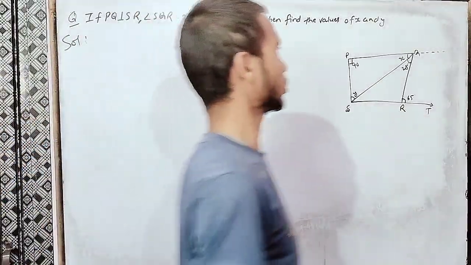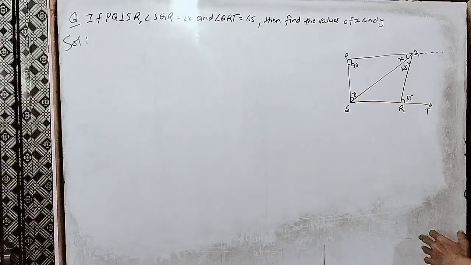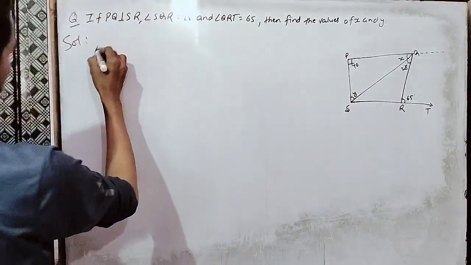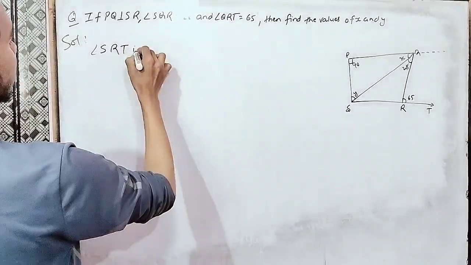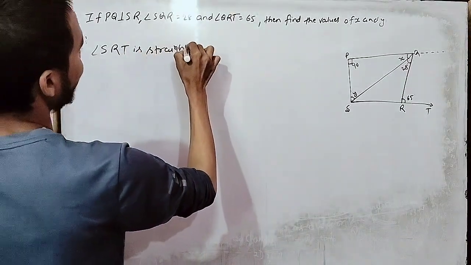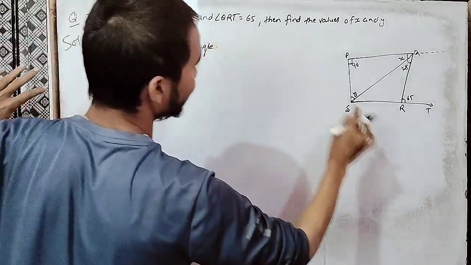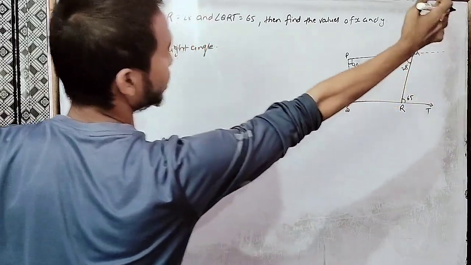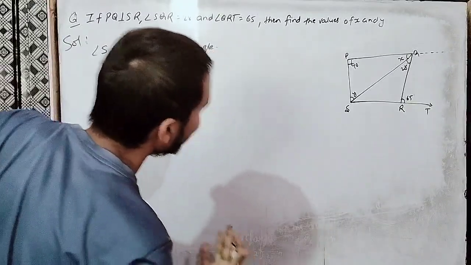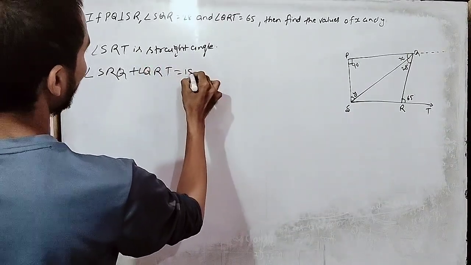ST is a line, so angle SRT is a straight angle.